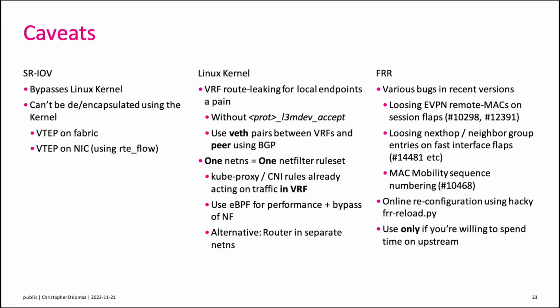And to solve that problem, we have currently the VTEP termination done on the fabric leaves. And then the traffic will be forwarded by just using VLAN to the specific host where the workload is currently placed. And in the future, we will have the VTEP on the NIC when we jump over to DPUs. The NIC can take over the VXLAN encapsulation, decapsulation.